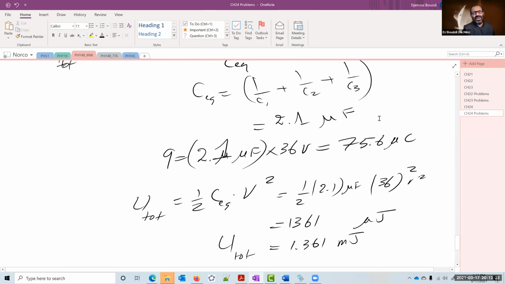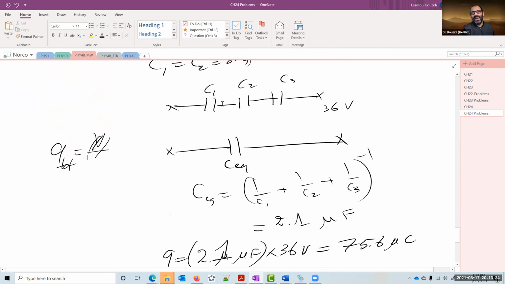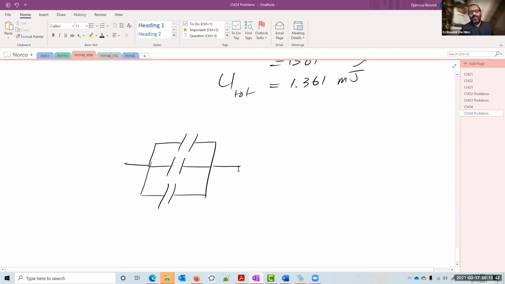So now imagine that charge is sitting on this capacitor and in this capacitor and this capacitor. And you disconnect the battery. So there is still charge. But when you rearrange them, now there is a redistribution of charge, that's all. So each one of them will get its own charge.